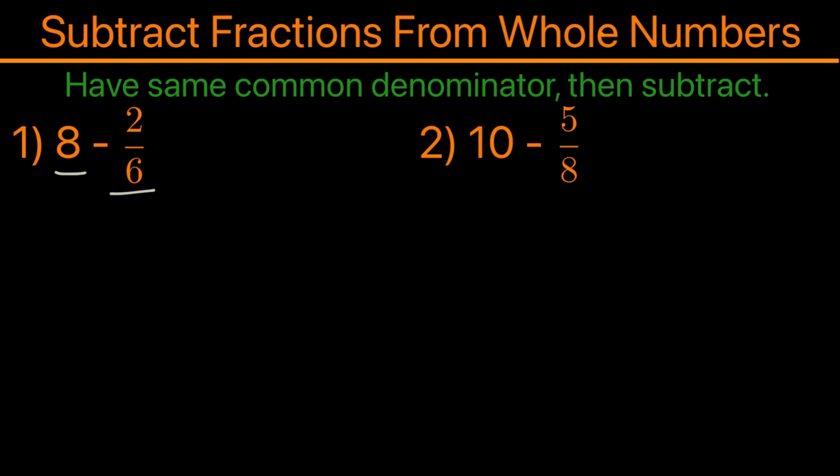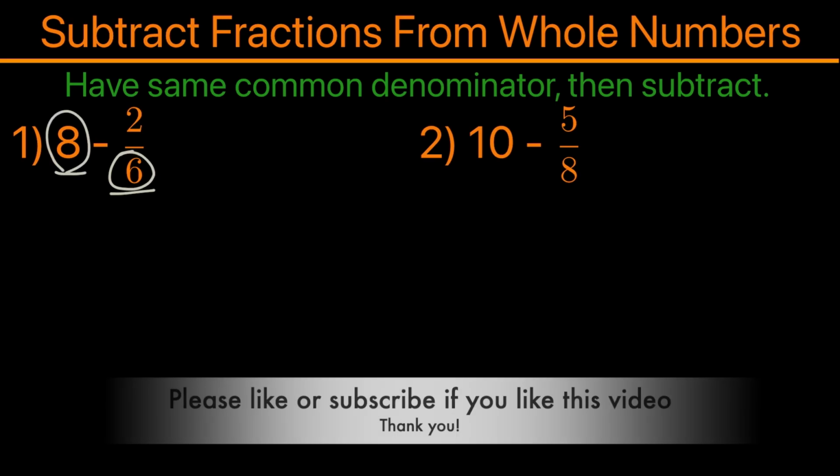So since the fraction we have here has a denominator of 6, we need to convert 8 to a fraction with 6 as the denominator. So we're going to convert this with a 6 on the bottom, and the numerator needs to be a number where it will equal 8.